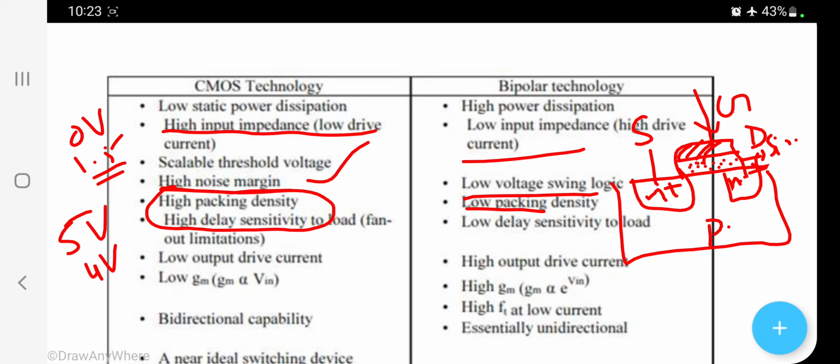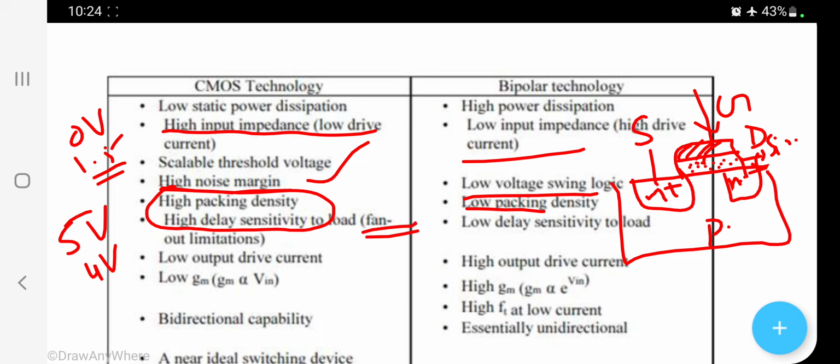Okay, high delay sensitivity to load and fan out limitations, because, as I have told you, the driving capability of CMOS technology is small. Because the size is small, it can't drive larger loads.